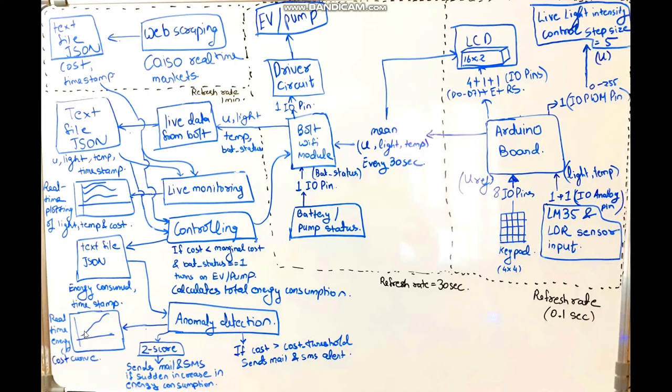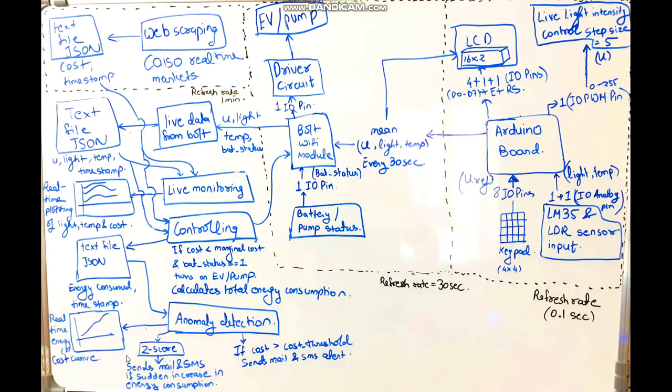If the energy consumption is within the z-score limits, then it's okay. If it goes out of the z-score limit, that means the energy usage has suddenly increased, so it will send an SMS or a mail. Basically, the z-score finds sudden increases in energy consumption.